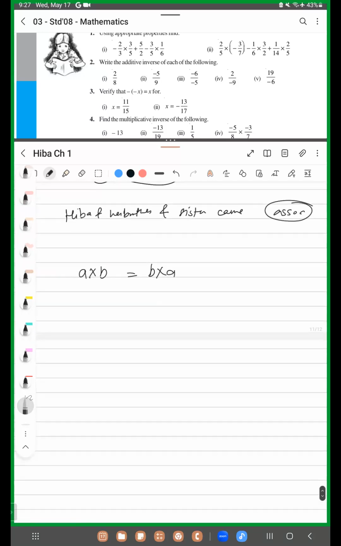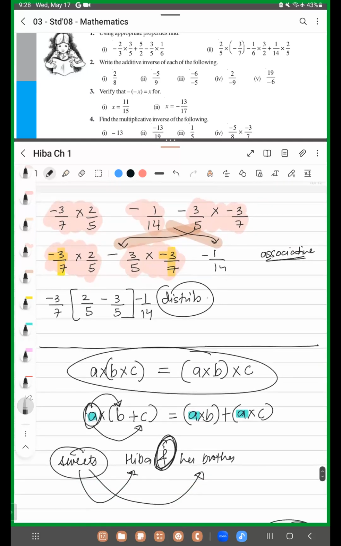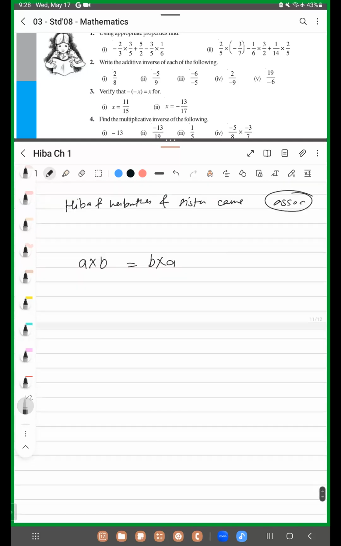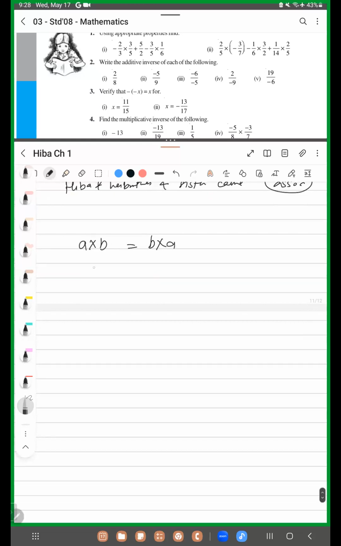So here you can say that it is making use of the commutative property, but in reality it is actually the associative property. The associative property is a little bit different. But in the textbook it is written commutative, no problem. But you just understand the difference between the commutative property and the associative property. Did you understand the difference? Okay.